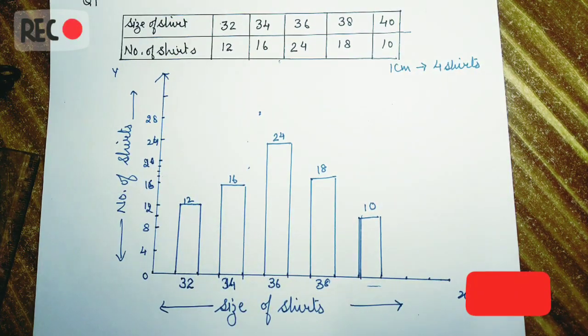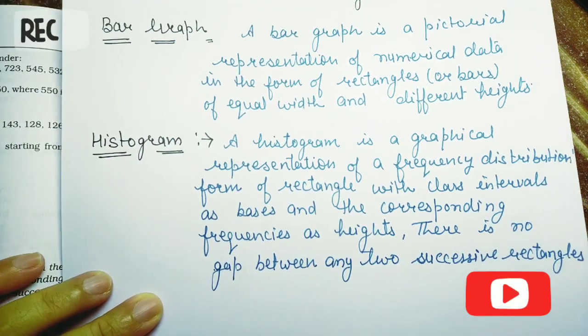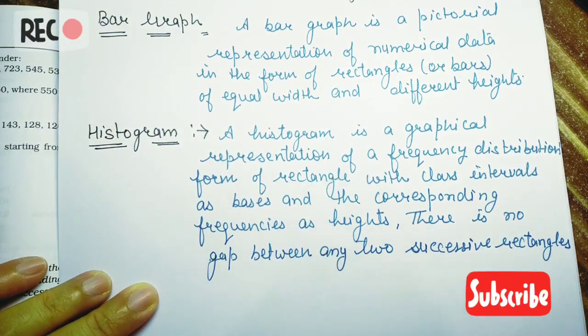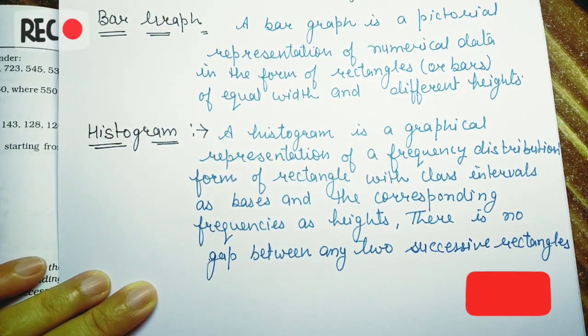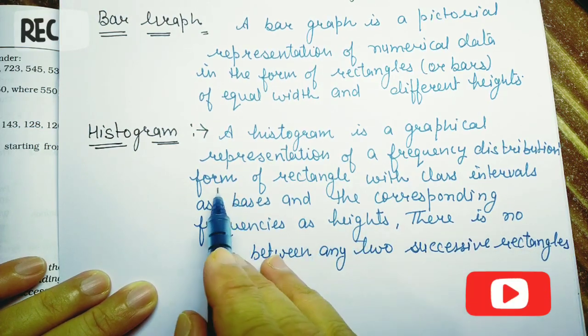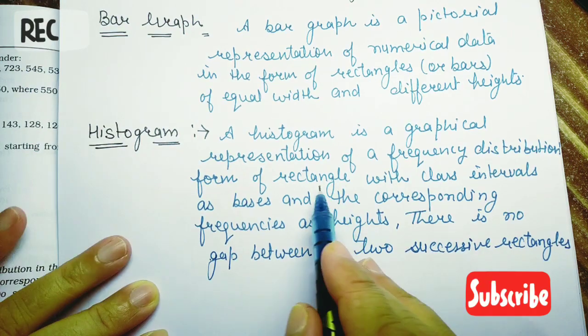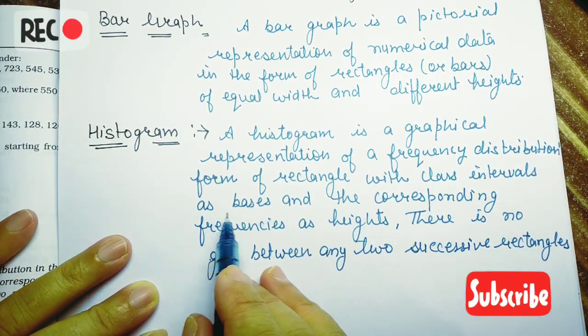Okay students, now let's move to another one. After bar graph, our next topic is histogram. Students, histogram is also a graphical representation of a frequency distribution, and here also we use the form of rectangles, with the class intervals as a base.